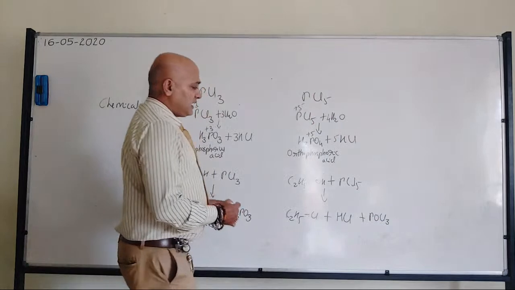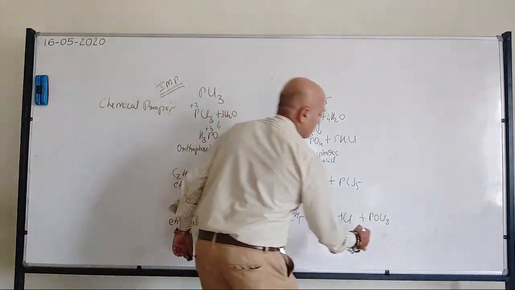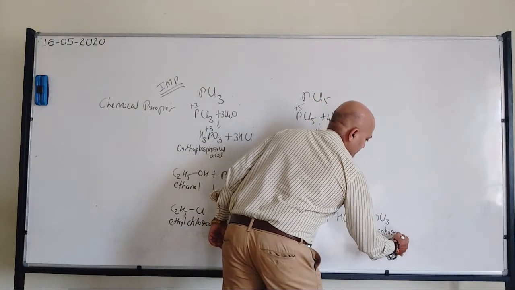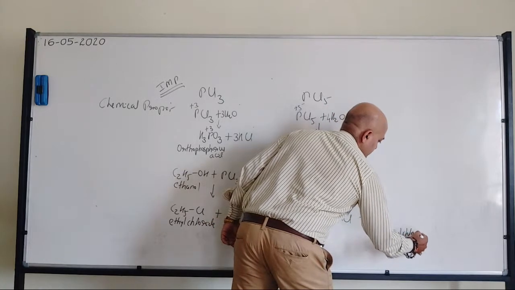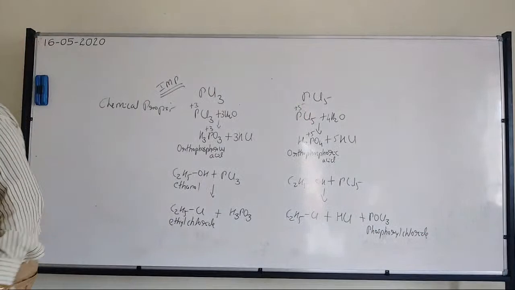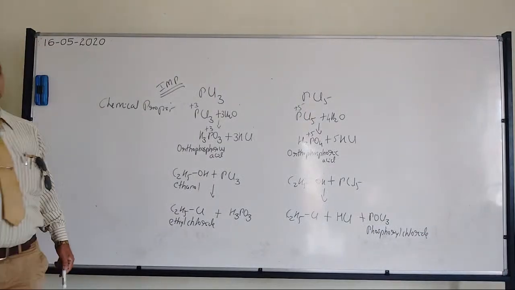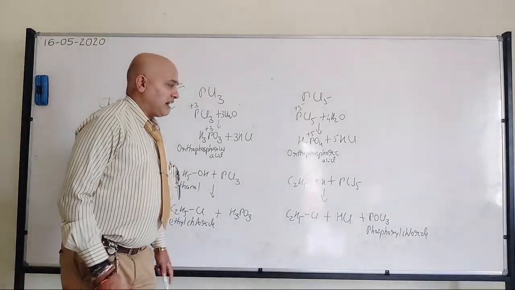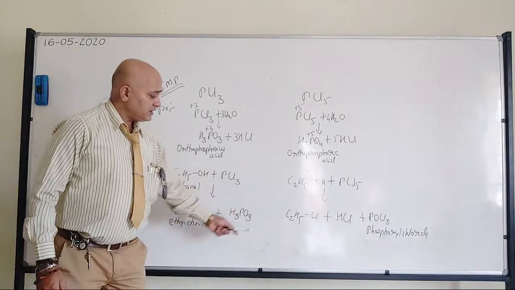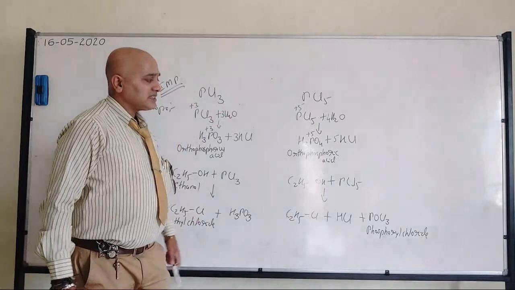So that's where we have POCl3, phosphoryl chloride. POCl3 is nothing but phosphoryl chloride. So that's where I have the product. Find the difference: one product is constant, but the other product is different.